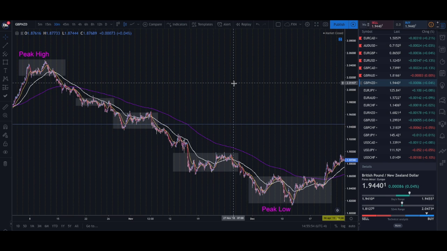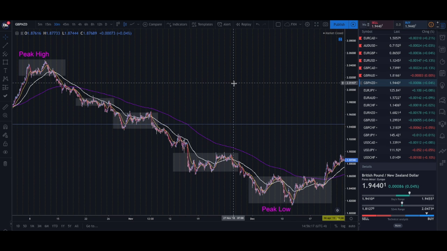Because of course, the two can conflict with each other, right? When I'm saying use it for directional bias, but at the same time I'm telling you guys to use it as take profit points. So here's how to use them for both.